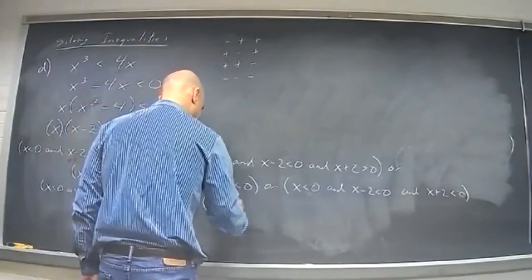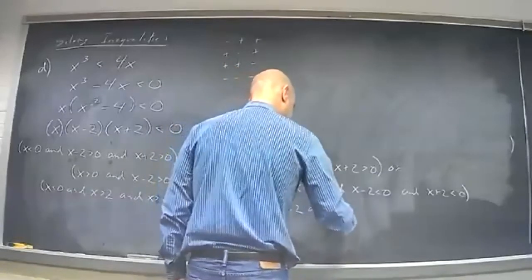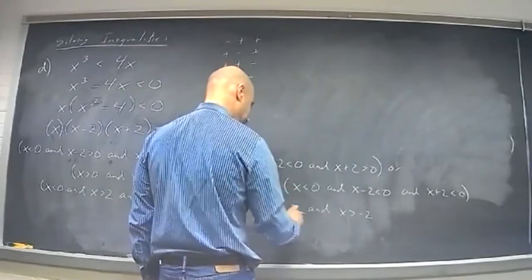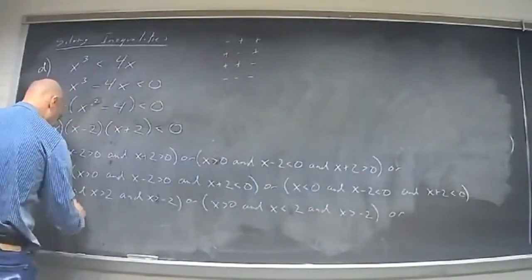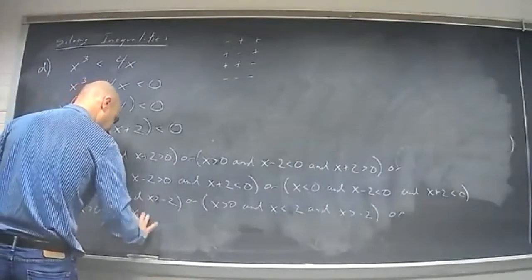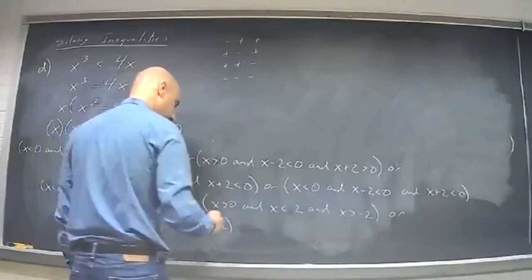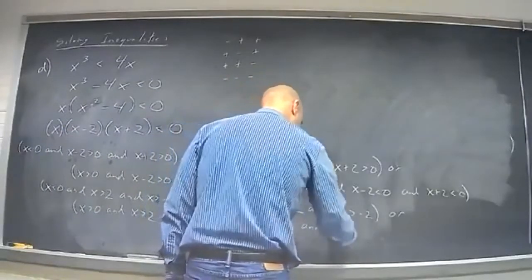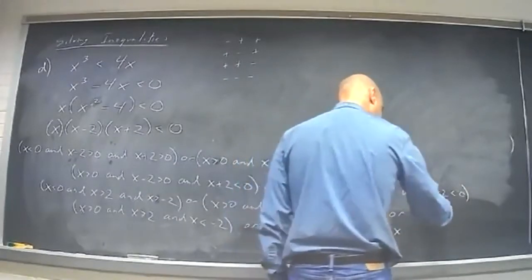Or x is greater than 0 and x is less than negative 2 and, oops, x is less than 2, I should have said, and x is greater than -2, or x is greater than 0 and x is greater than 2 and x is less than -2, or x is less than 0 and x is less than 2 and x is less than -2.